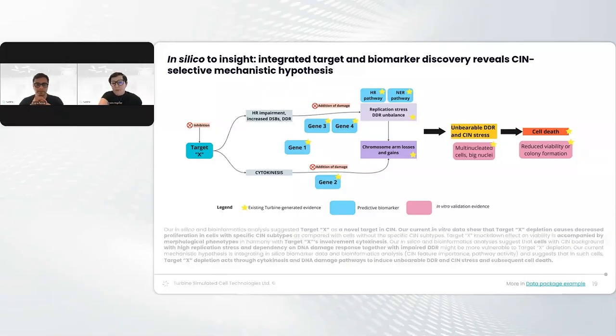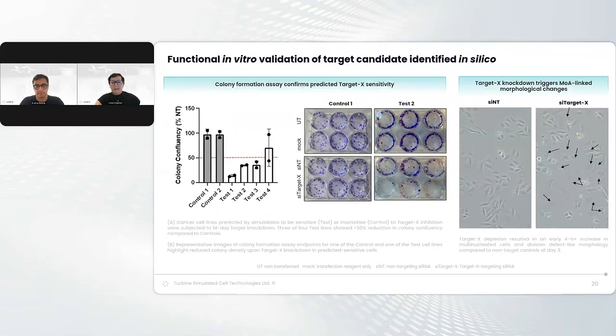We were able to identify several differentially functioning genes within these pathways, which we also then used in the wet lab experiments to track the target efficacy and also to prove this mechanistic hypothesis. So on the next slide, I will show you the validation data.